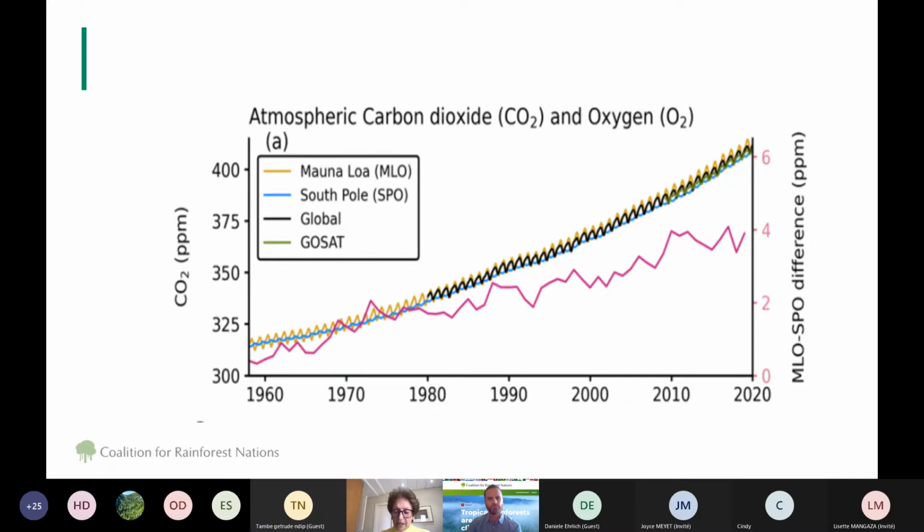And in this long 60-year sequence of CO2 records, we can also see data from GOSAT, a greenhouse gases observing satellite that was launched by Japan in 2009. It was the first one to measure the concentration of CO2, and it's still operational. And this is why the green line you see in the figure starts later than the other records.